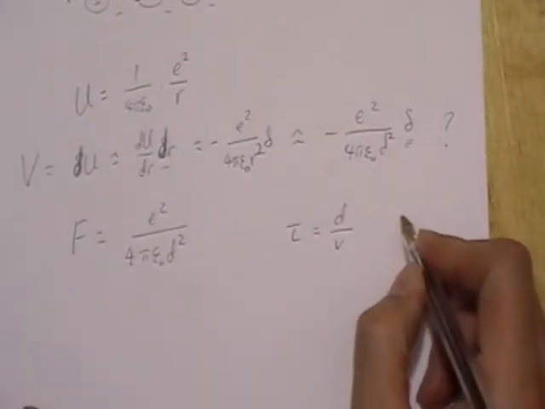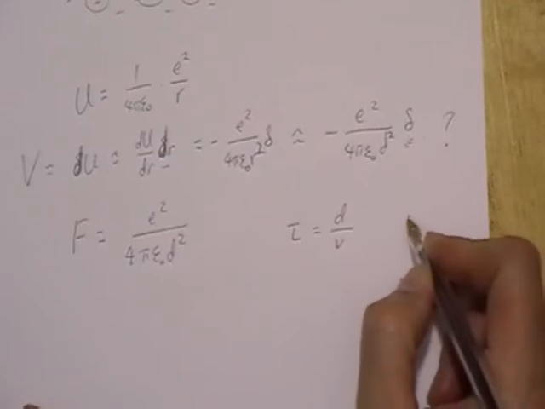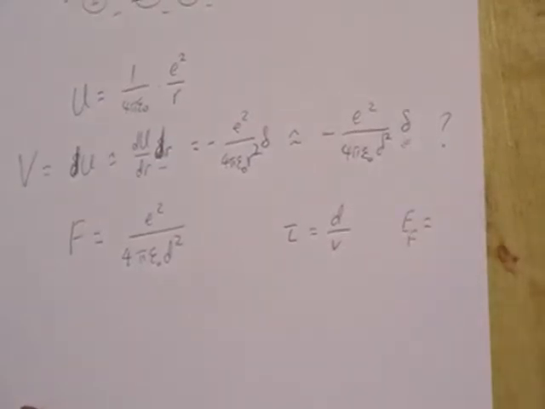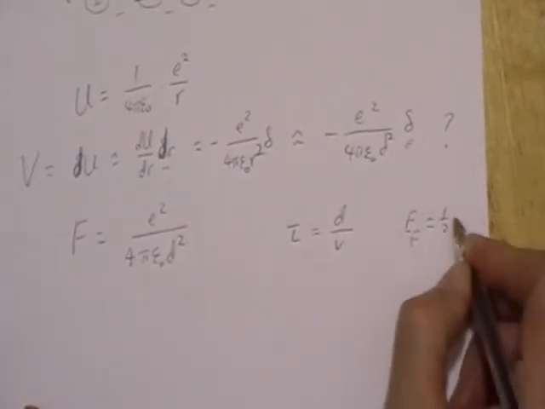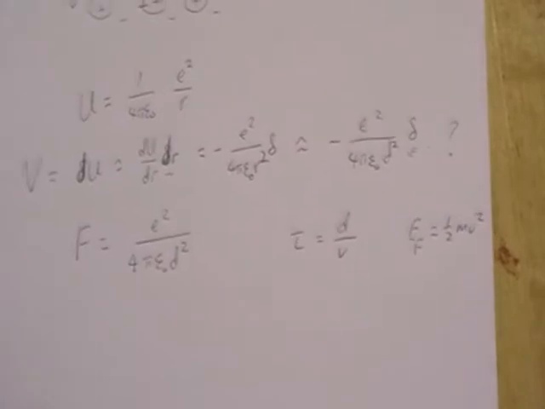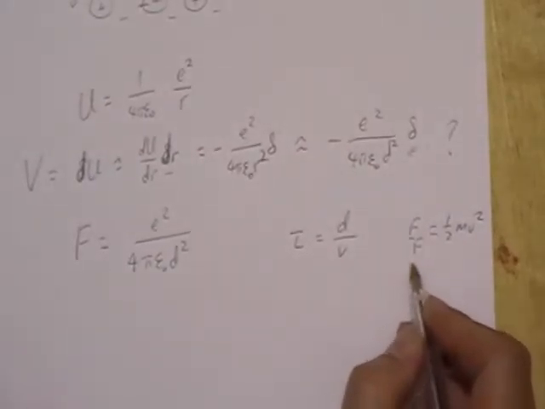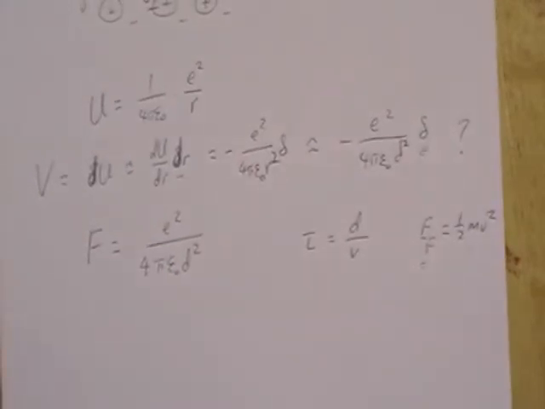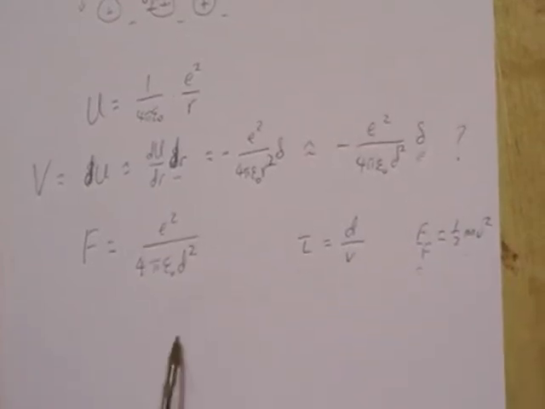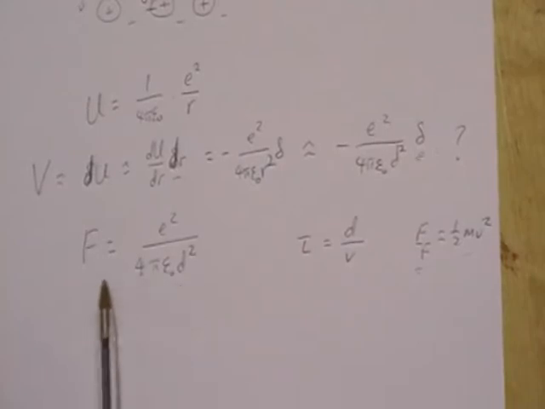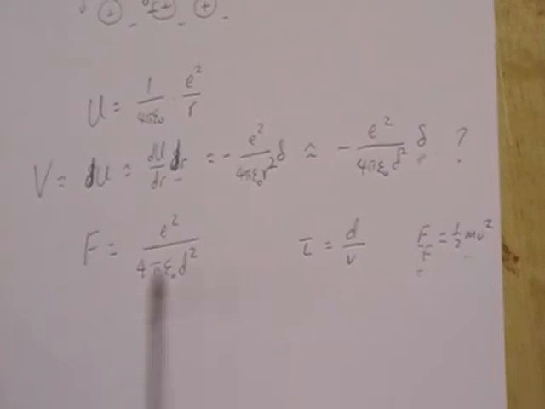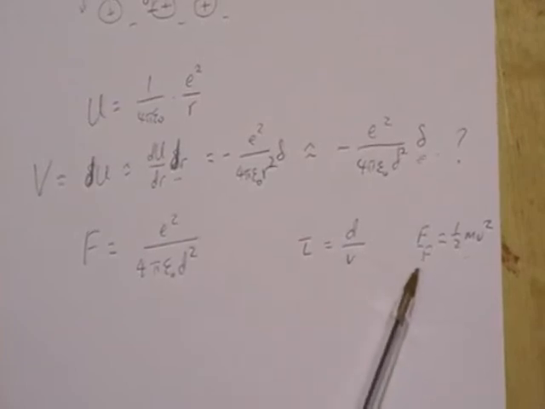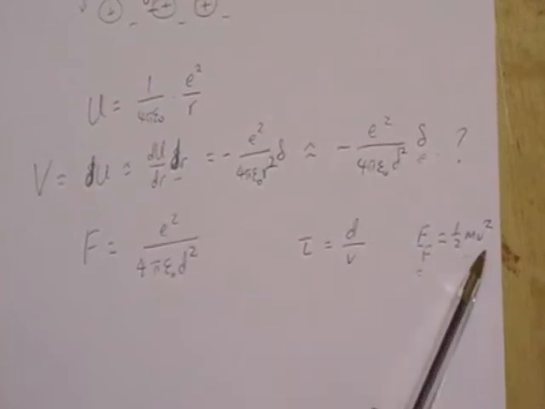So then the velocity would be related to the Fermi energy simply by half m v squared equals E_F, because E_F is just the kinetic energy of the electron. So what we now have is a way to calculate F, the force, tau, the time that it acts on the ion, and even v, the velocity of the electron.